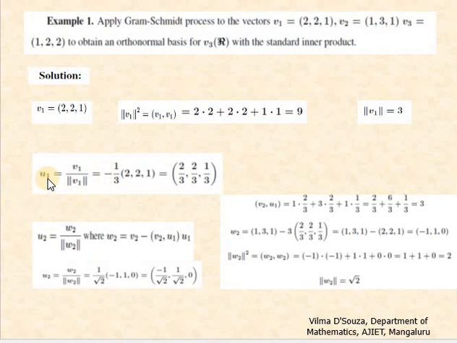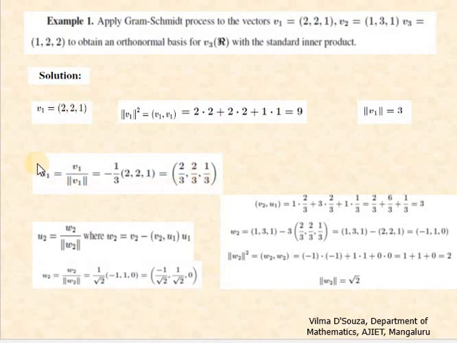Fine. So what is U1? U1 is equal to V1 by length of V1, that is 1 by 3 into V1. V1 is 2, 2, 1, so U1 is the vector 2 by 3, 2 by 3, 1 by 3.